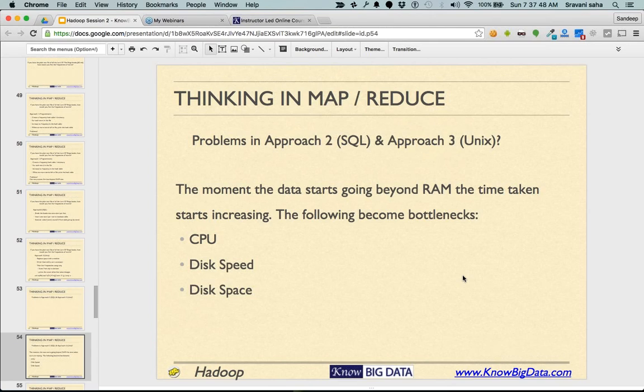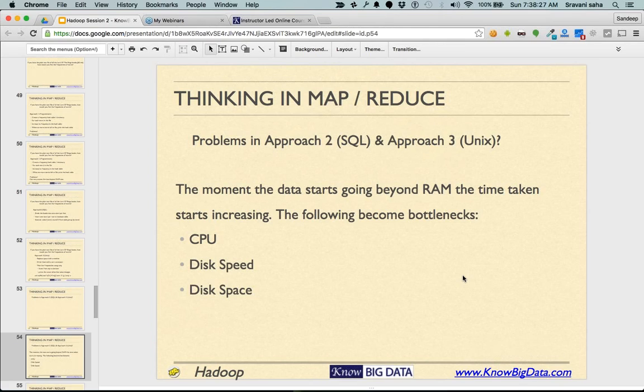Here we have overcome the limitation imposed by RAM. So RAM will no longer be the bottleneck, but as a consequence, the CPU and the disk speed and disk space, both will become the bottleneck. As a matter of fact, when you run all of these things in parallel on a hard disk drive, the time taken by reading the data from the disk is actually greater than the time taken to sort the same data.